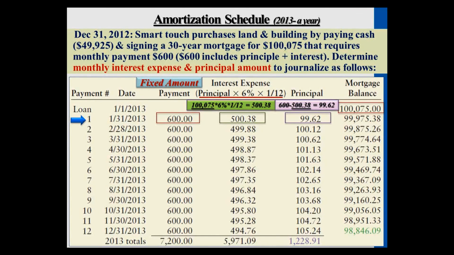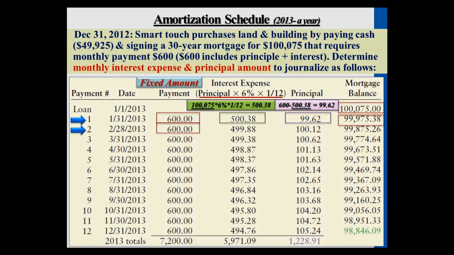After this first month of payment, our mortgage balance is no longer $100,075, but we're reducing $99.62. So right now the new balance is $99,975. But in the second month we're still paying $600.